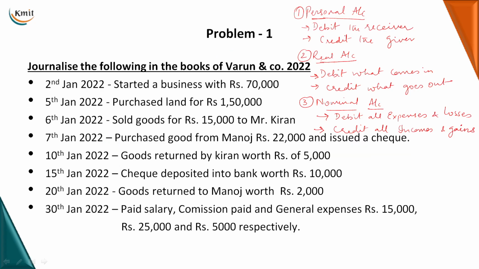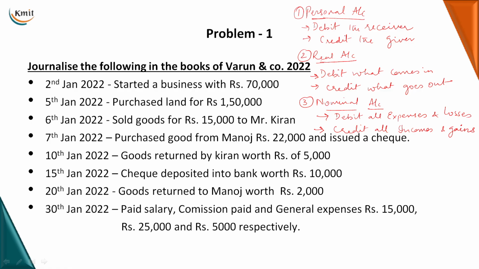Next. Now here a list of 8 transactions is displayed in the slide to help you understand how the journal entries are posted in the journal book, right?